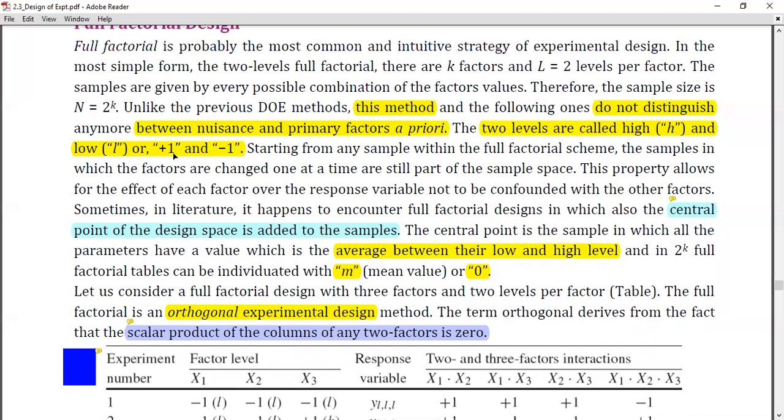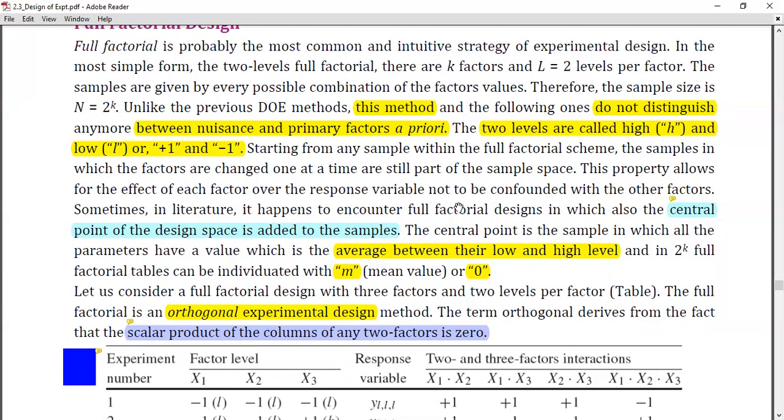In actual values it is 20°C and 40°C. Similarly, any variable you take, you can represent it as either -1 or +1. This is called the coded value. The actual value will be its original value as per the requirement, like temperature 20, 40, or pH 4 and 6. When you write it in coded format, it will be either -1 or +1.